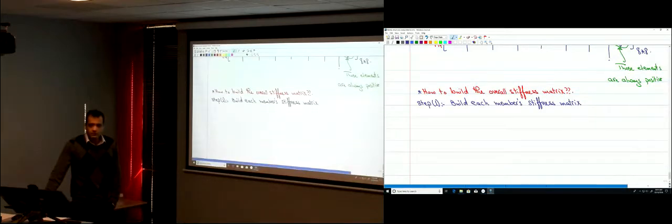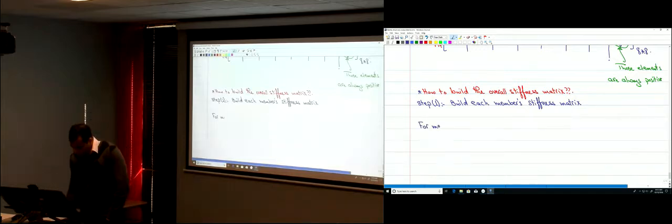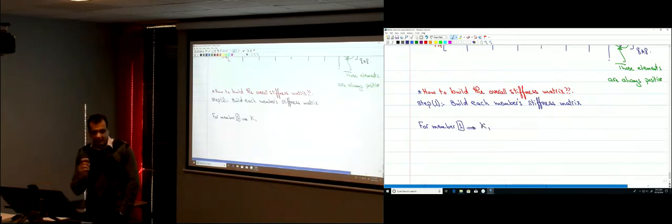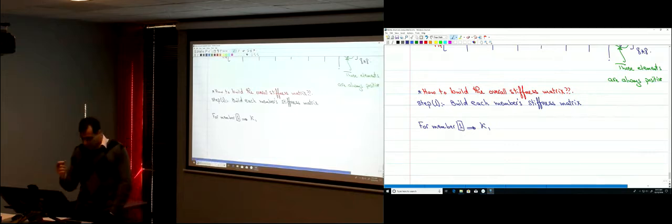So I have to write the stiffness equation for each member separately. Okay? So for example, for member 1, we need to build K. We're going to name this K1, the element stiffness matrix for element 1, for member 1.